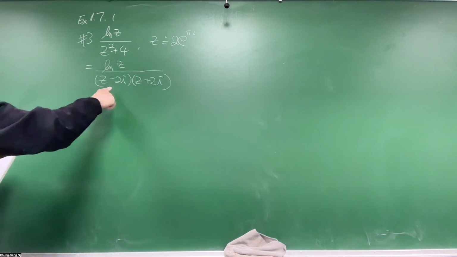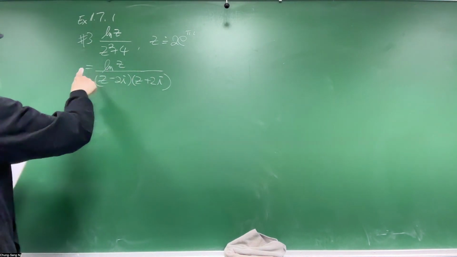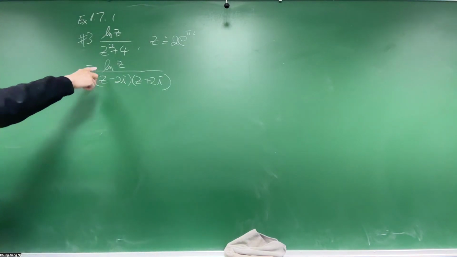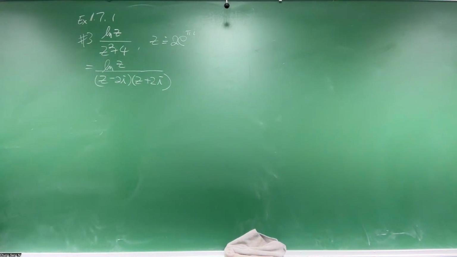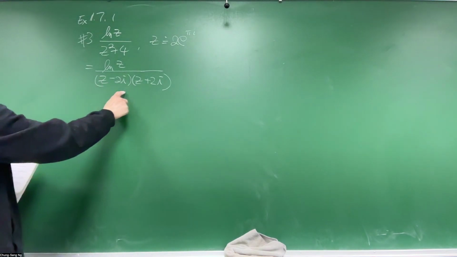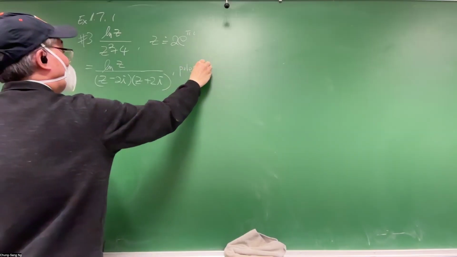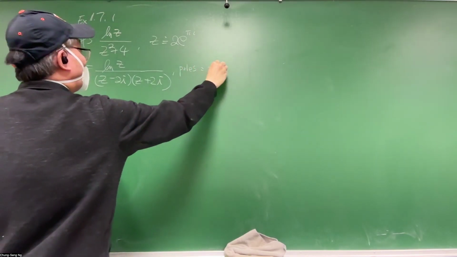So you have a squared minus b squared, so minus minus 4, plus 4, is equal to c squared plus 4. Okay, so that's the factorization. So the poles are simple poles, at plus and minus 2i.